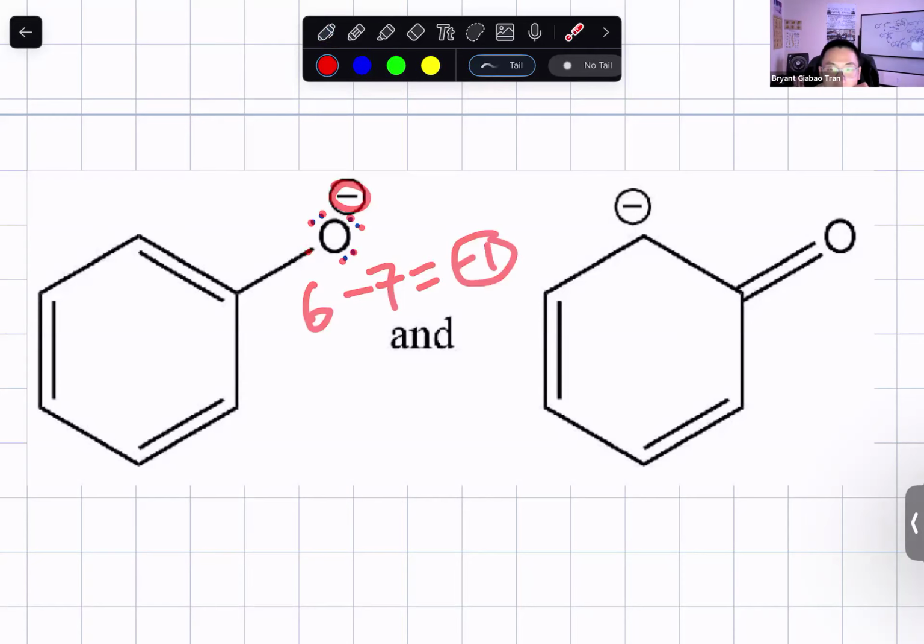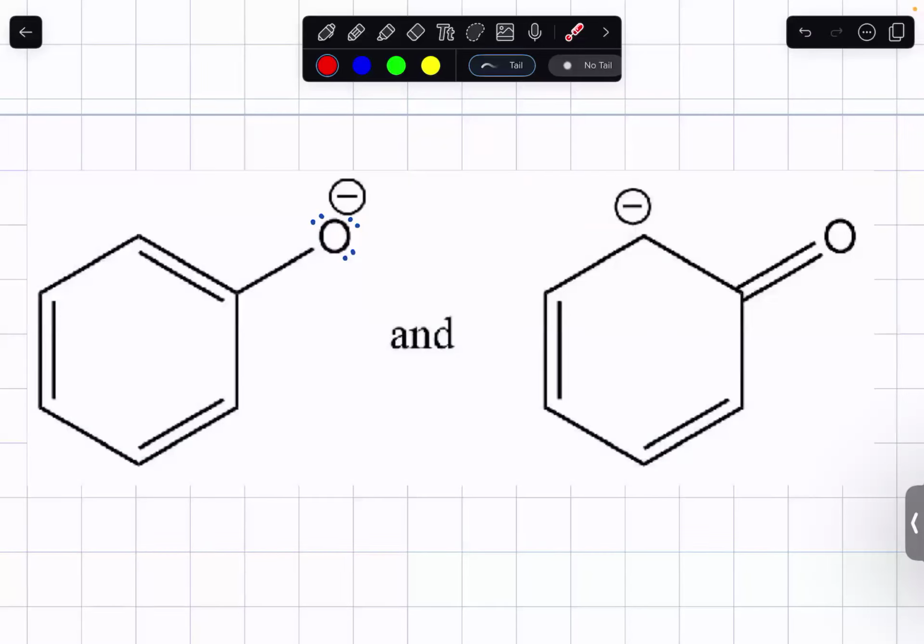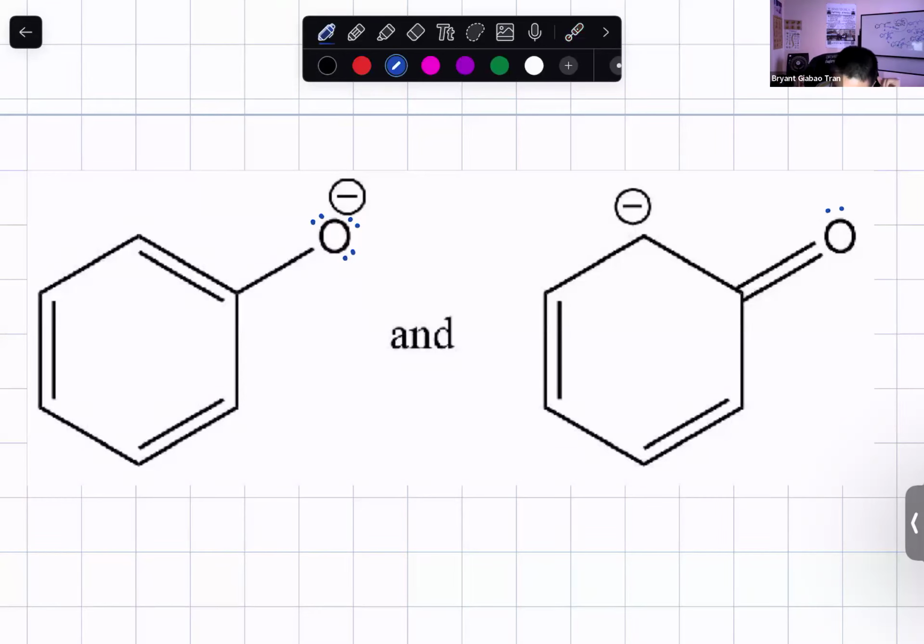What about this oxygen here that is neutral and has 2 bonds right now? 2 pairs of electrons? Yes, 2 pairs of electrons. That's right.